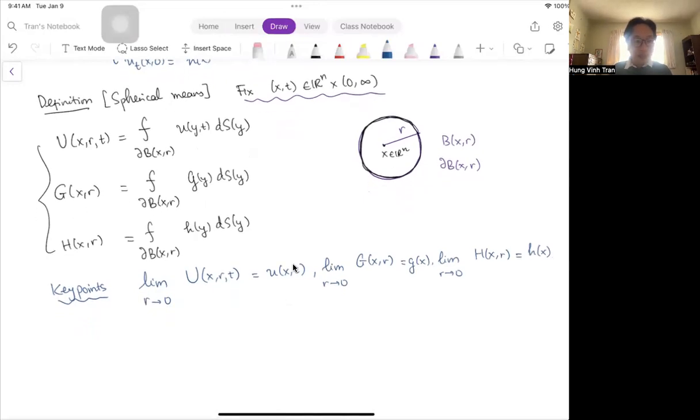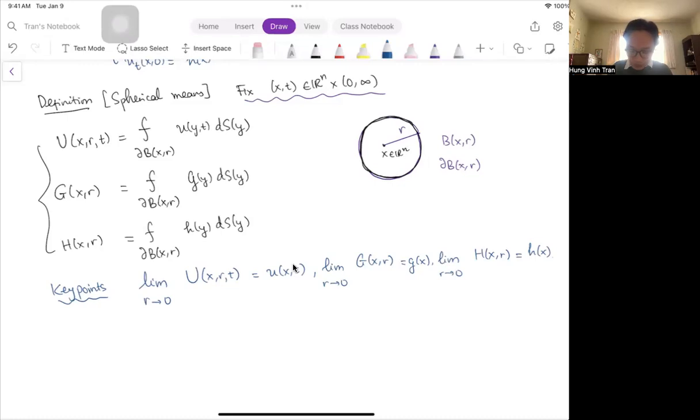The second key point is that, this is already done, coming directly from thinking about the Laplacian in spherical or polar coordinates.